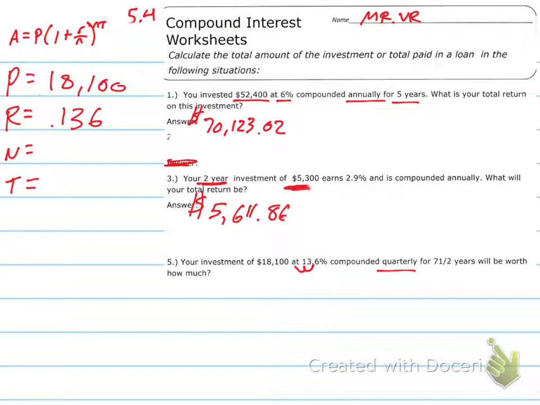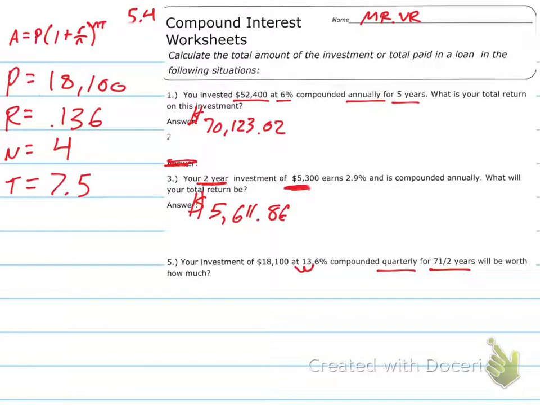So think about quarterly, like 4 quarters in a dollar, right? So quarterly, there's 4 quarters in a year. So the number of times it's compounded per year is 4 times. And then it's 7.5 years. So we'll just put that as 7.5 years.